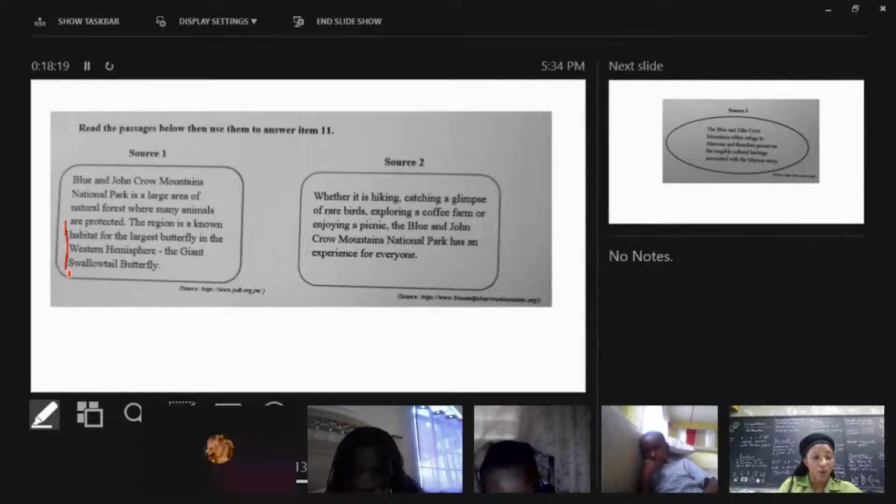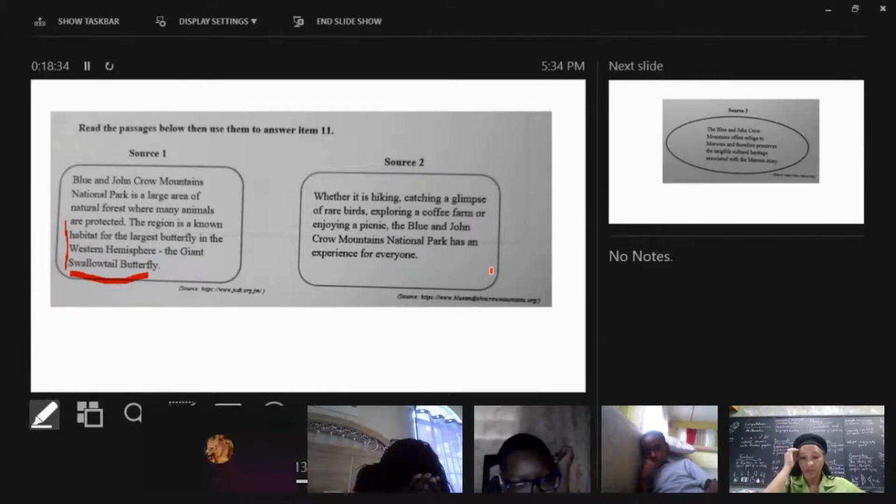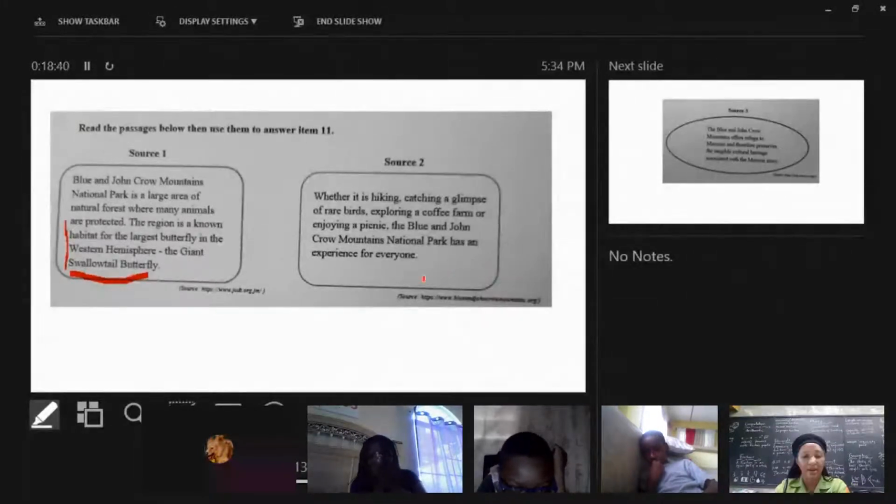The swallowtail butterfly has its habitat here, yes, Miss. Source two: whether it is hiking, catching a glimpse of rare birds, exploring a coffee farm, or enjoying a picnic, the Blue and John Crow Mountains National Park has an experience for everyone.